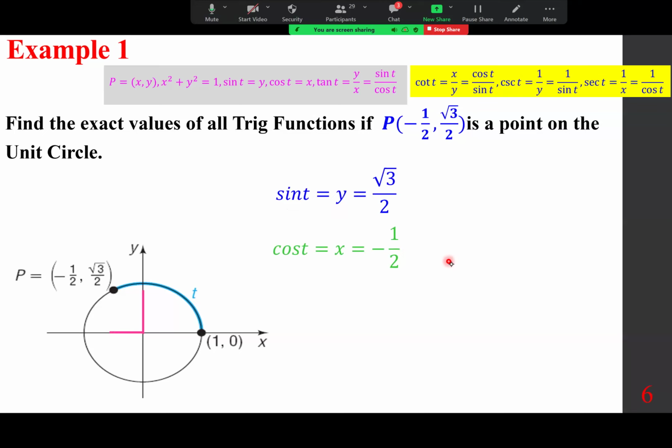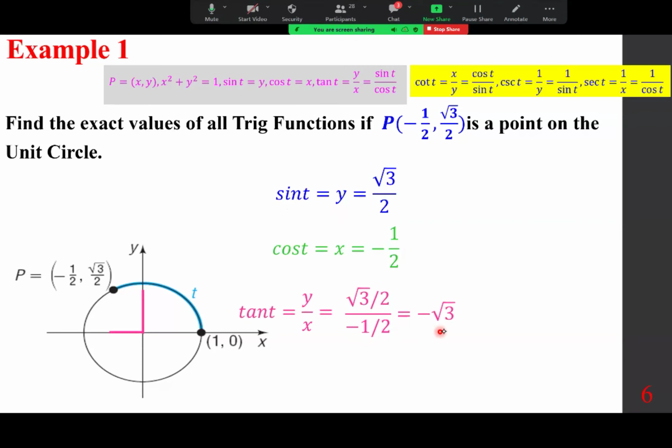The rest is just the ratio of those, starting with tangent, by definition y over x, or sine over cosine. I hope you see that it's a complex fraction, the 2 drops, minus square root of 3.